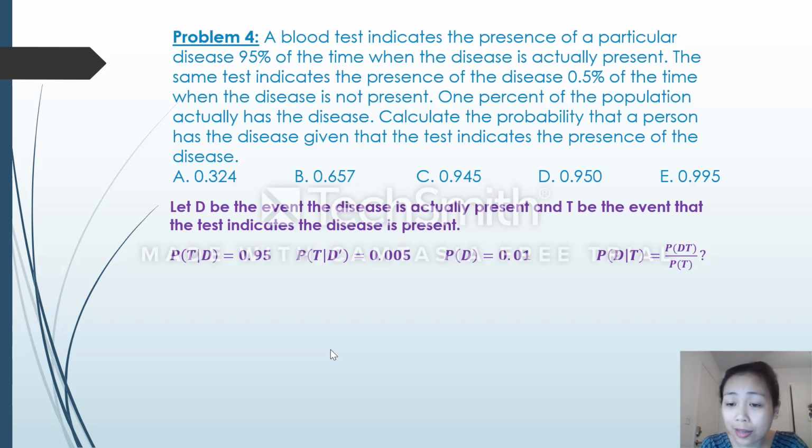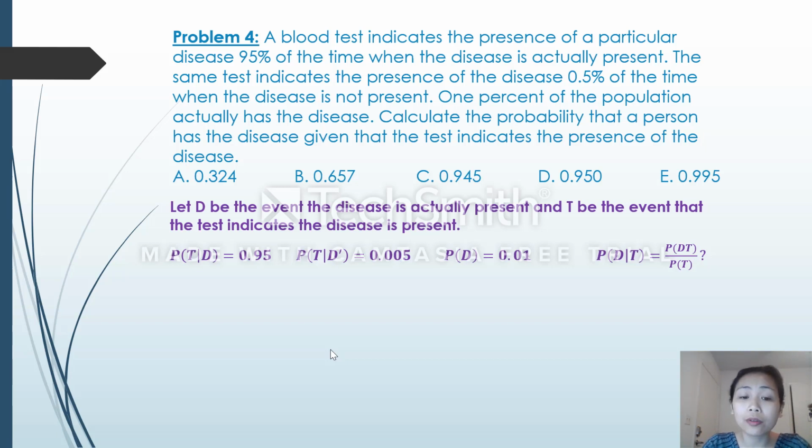When you are asked about conditional probability, make sure you know that the only thing we can use is the conditional probability formula. So the probability of D given T is the probability of D and T over the probability of T. Now let's take a look at what we have found out. We have the probability of T given D and the probability of T given D prime.